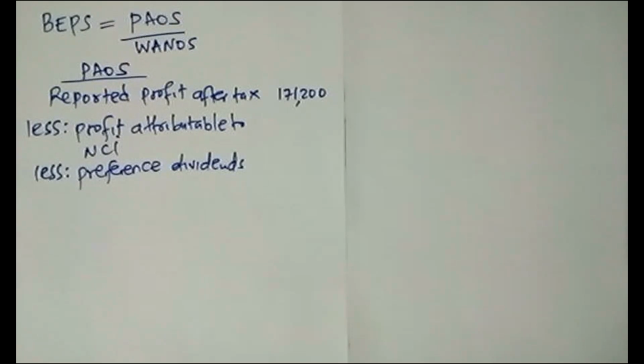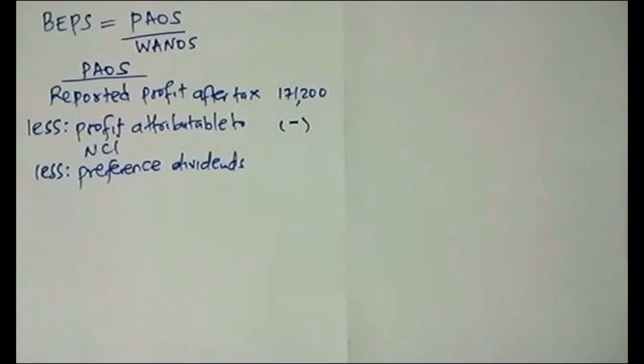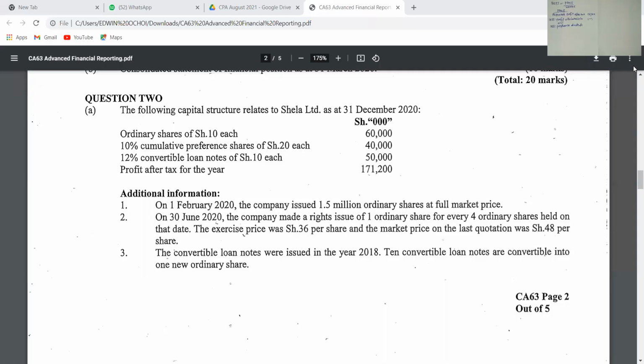There is nothing like that, which means that this one will be just a dash. Then after that, we have to check if there were preference shares which were issued or outstanding from the initial period. We have some preference shares which were there from the start of the year.